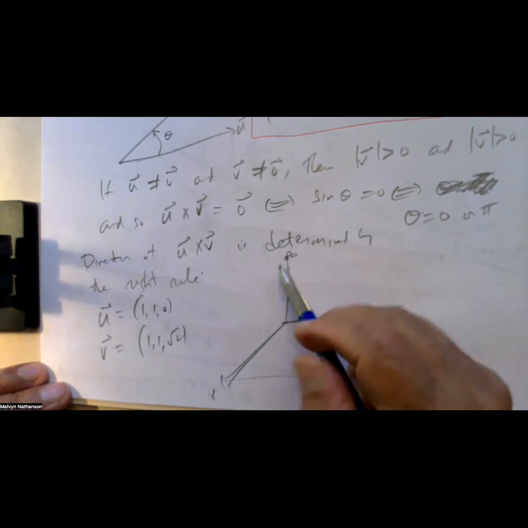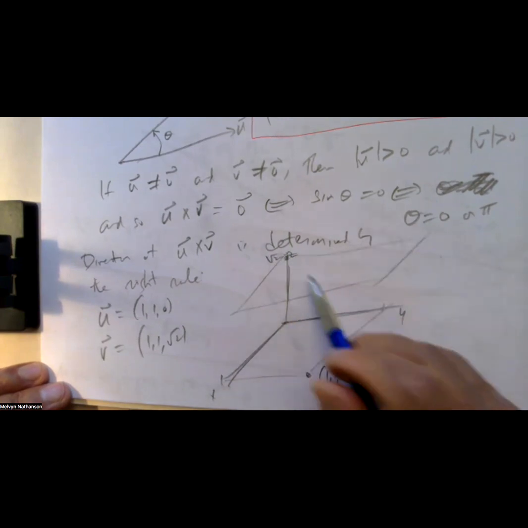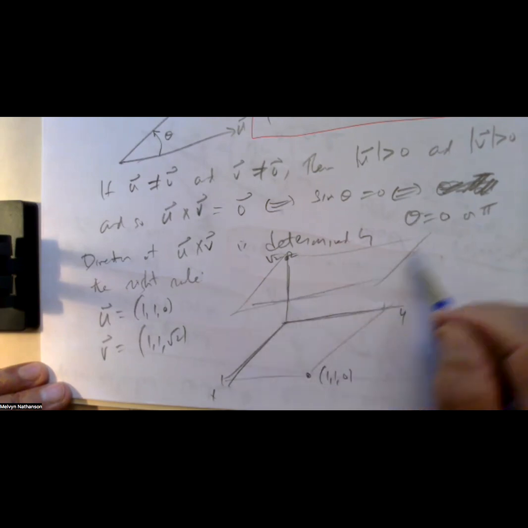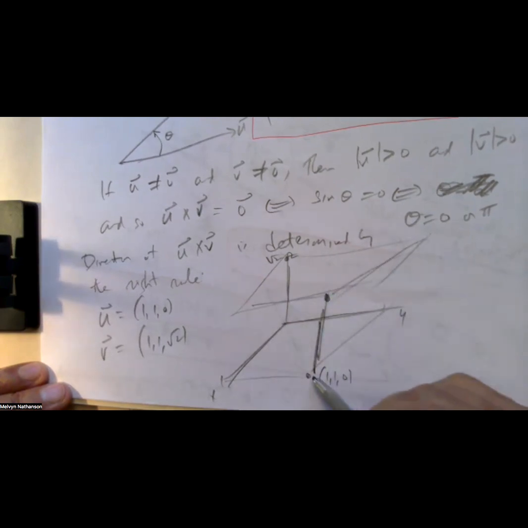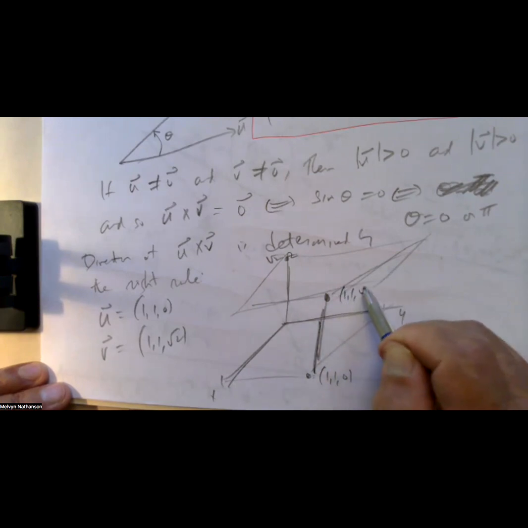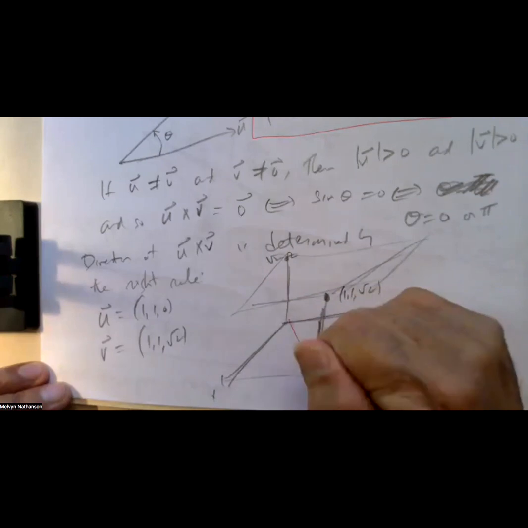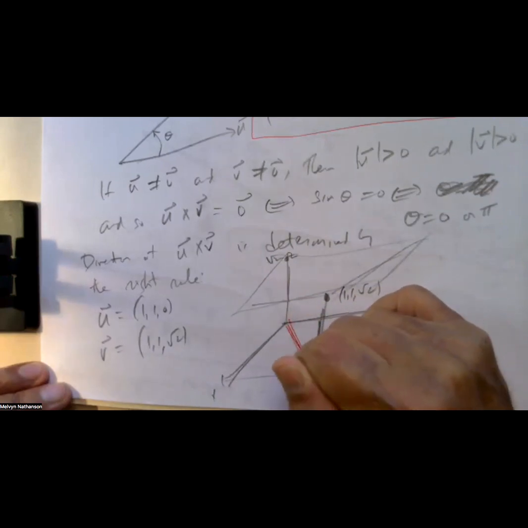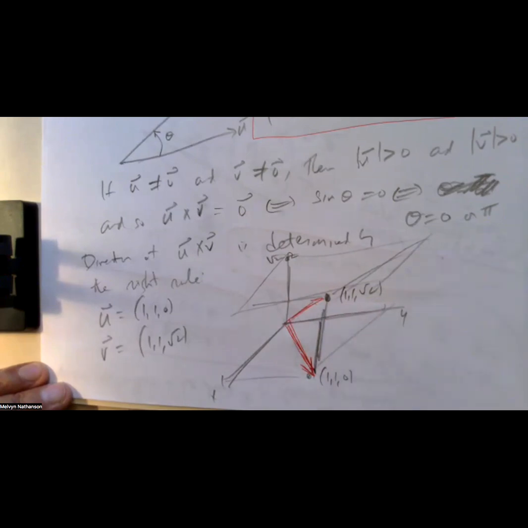And if we go up square root of 2 in the z direction, directly over this point in the xy plane, this is the point 1, 1, square root of 2. So we have this vector in the xy plane and this vector in 3 space.